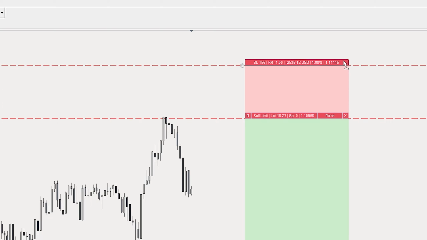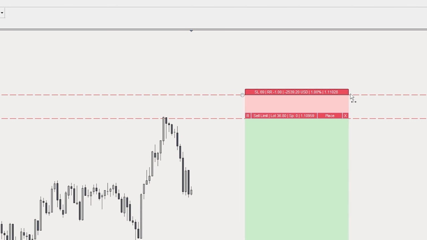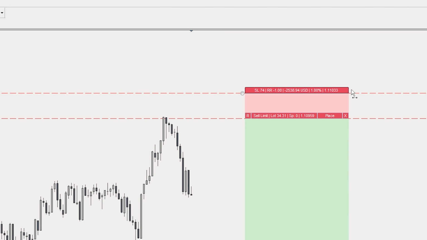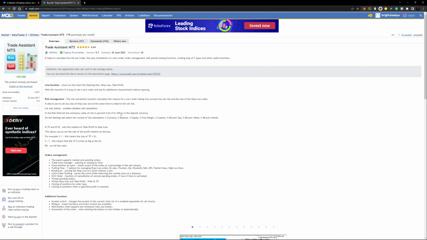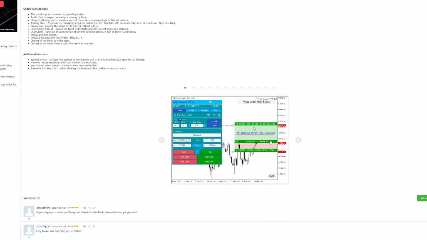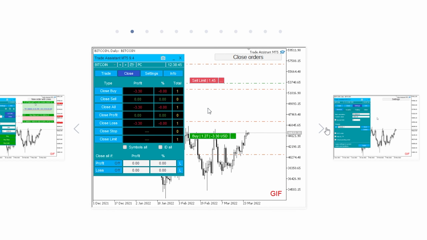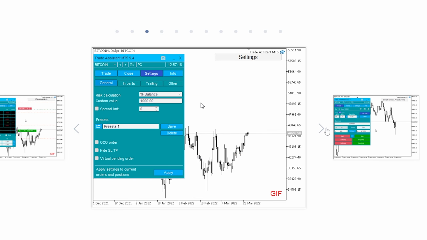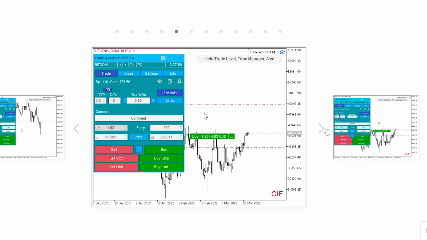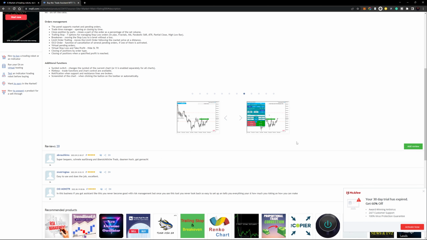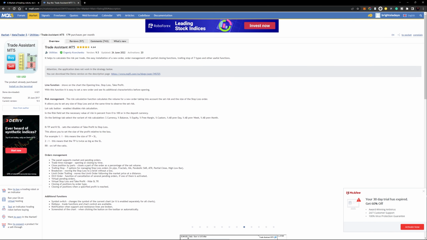So you don't have to stress yourself too much. Once you have to set a limit or execute a trade, you can predefine the risk from the settings of the Trade Assistant. So you can actually check all this on YouTube. There are actually tutorial videos on how to use Trade Assistant. So I use Trade Assistant and it actually makes my trading a lot better.